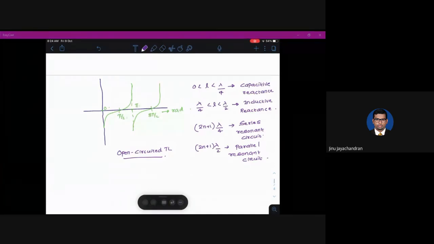You can sample the transmission line at any particular length L, and you will find the corresponding capacitive or inductive reactance. Okay, that means you can realize the transmission line as some kind of a reactance circuit. Okay, so this is the last topic in our module, which is the transmission line as circuit elements.